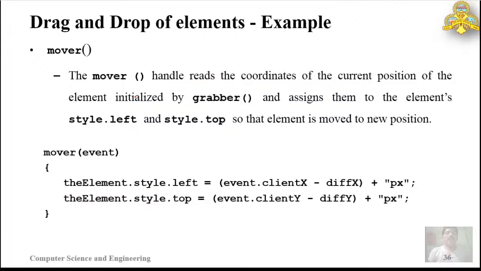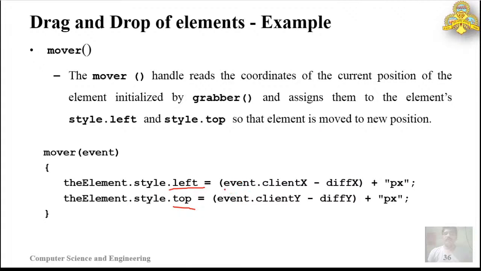The mover function is a very simple one. We have already seen such a type of function in our lab experiments. It takes the coordinates that are specified by the grabber function and assigns them to the element's left and top properties. So element style, left and top property.